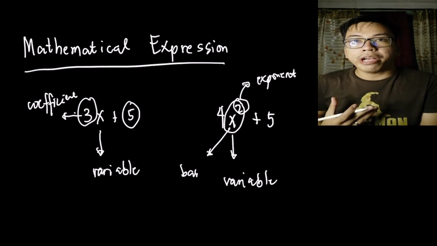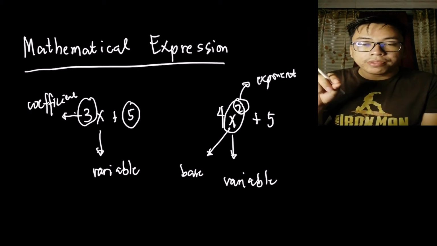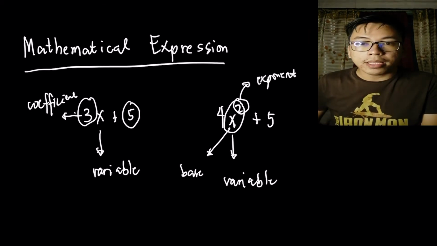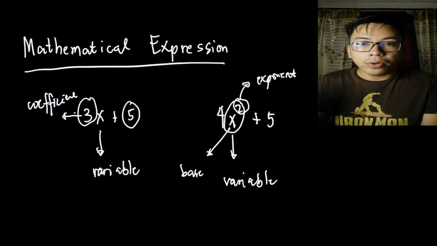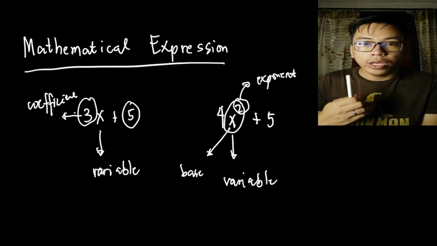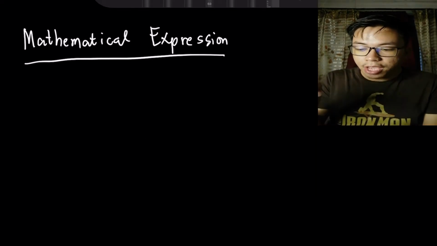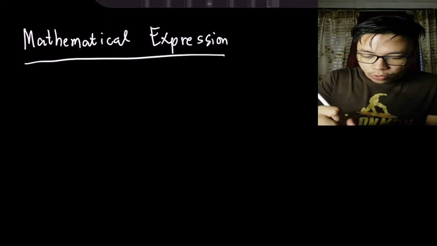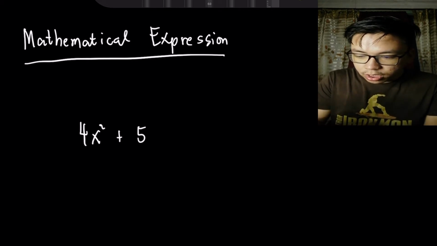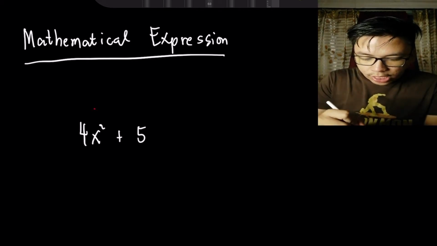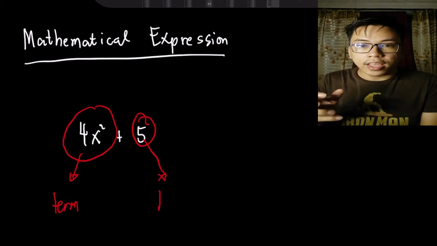It is important for us to understand the basic concepts, like terminology, that we are going to study in mathematical expressions, since they are quite important. They play a fundamental role in analyzing how to deal with mathematical expressions. Now, for a given mathematical expression, let's say we're given 4x squared plus 5, this one here is one term.